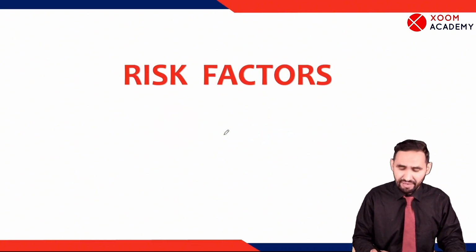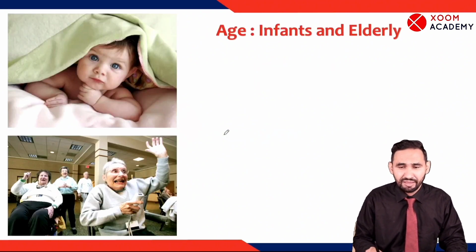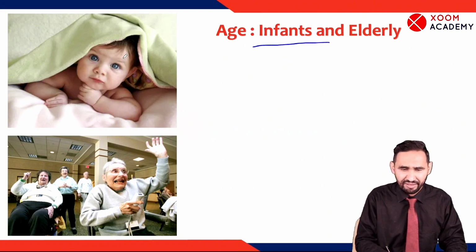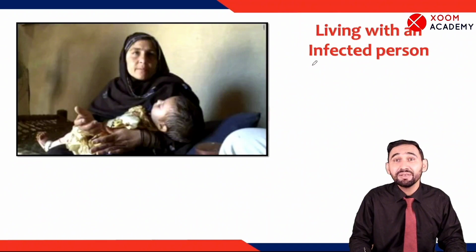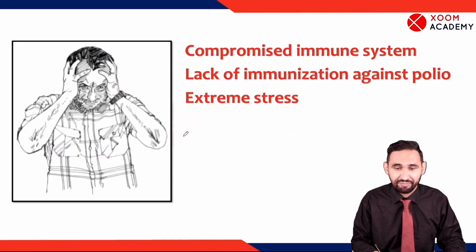What are various risk factors of polio? Infants and elderly are at high risk. Children and those who are elders have lesser immunity, so they are at high risk. A person living with an infected person, like if a child is infected, the mother is also at risk of developing poliovirus.